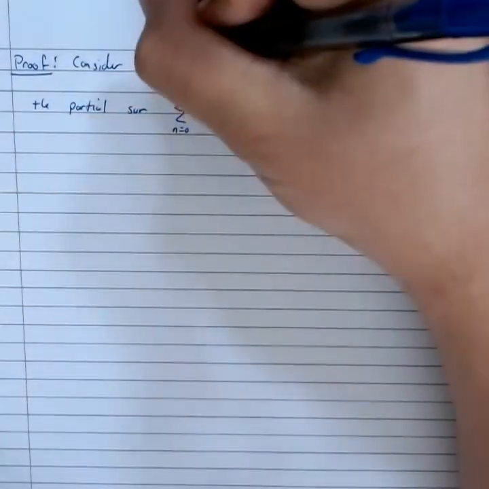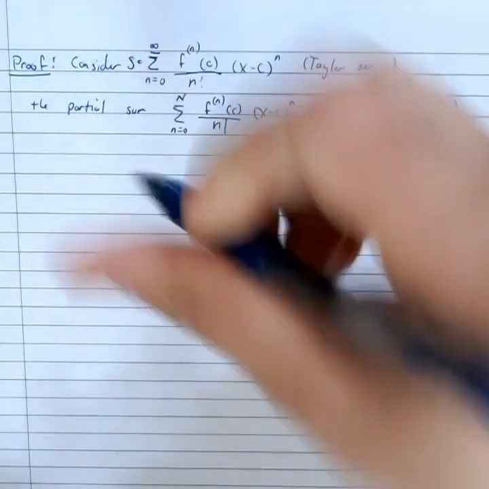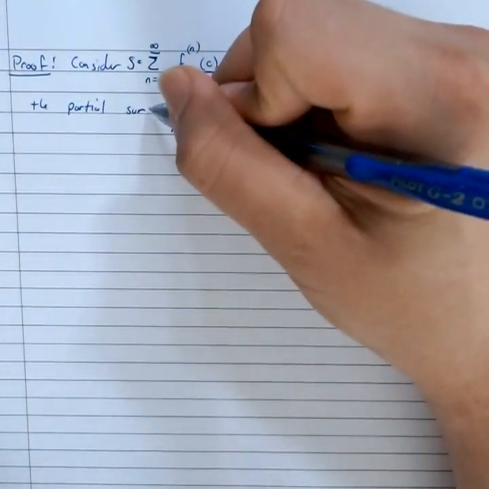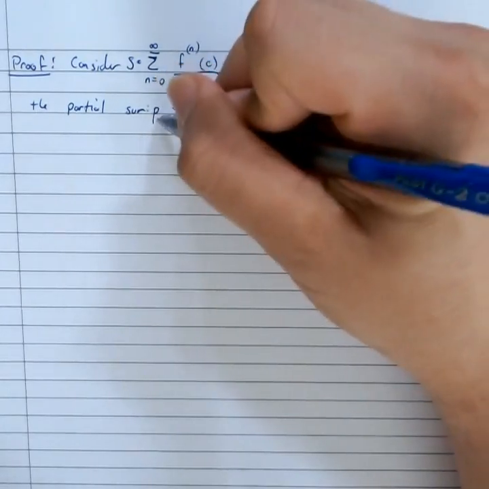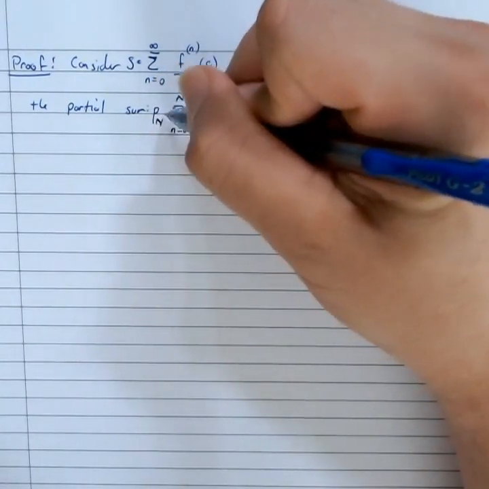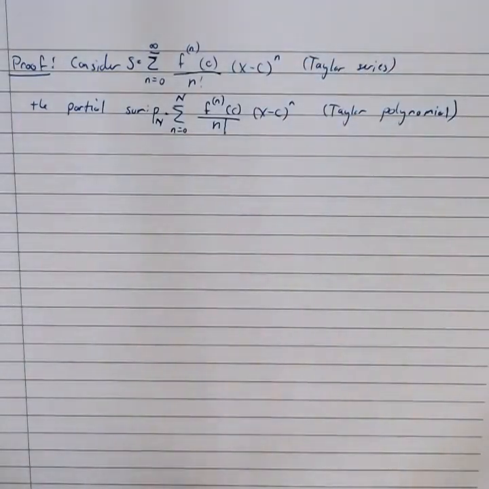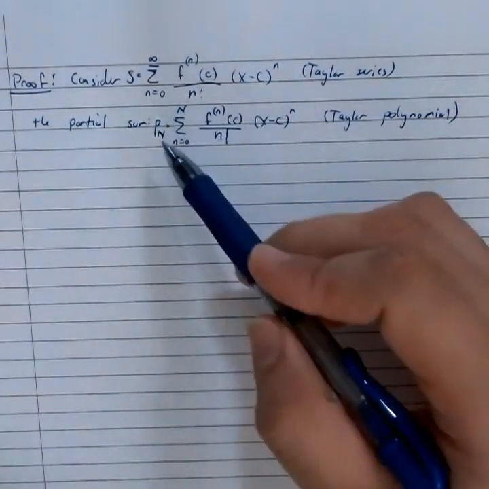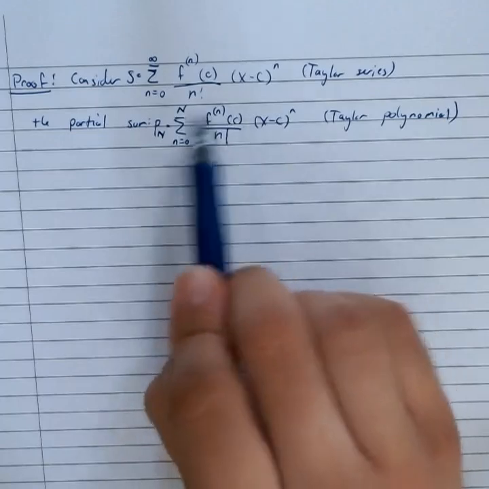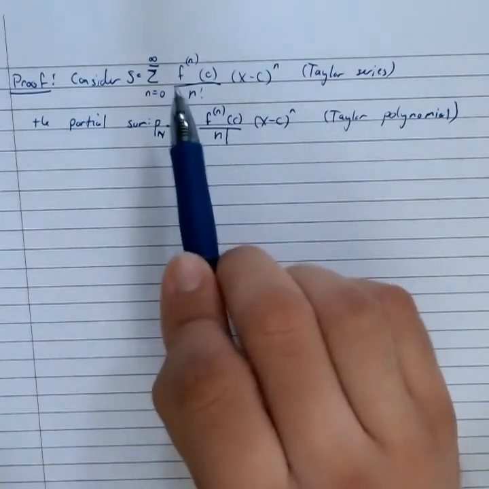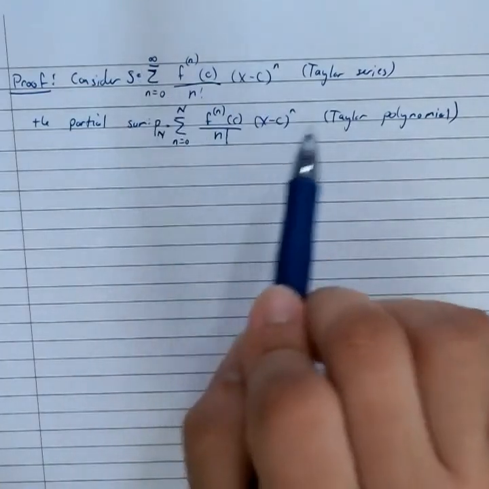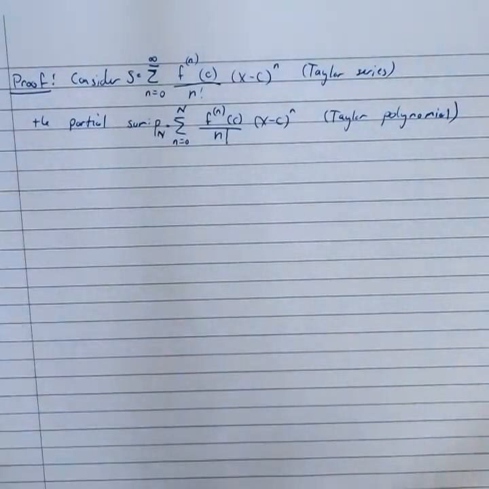Here, let me call this one S. And here, let me call this one the same thing we called it in the previous sections. We'll call it P sub n, where you have the nth Taylor polynomial, or the nth degree Taylor polynomial. All right, well, here, notice that the partial sum of this Taylor series is the nth Taylor polynomial.